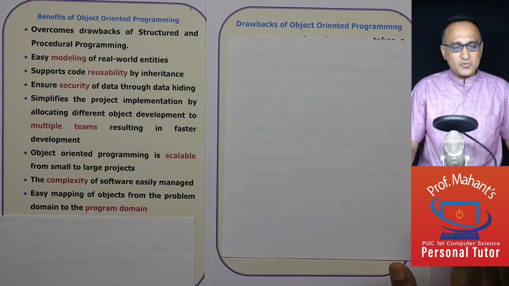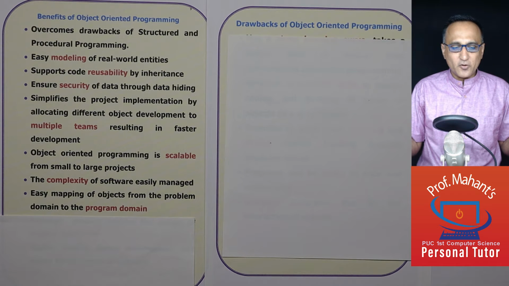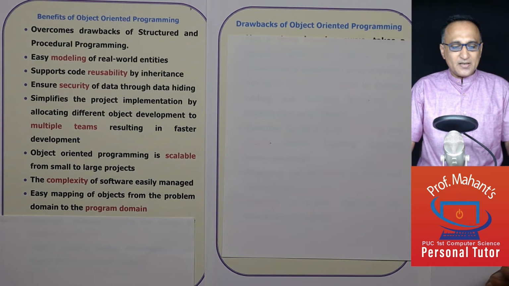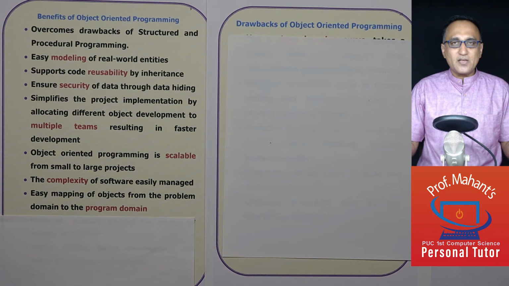The advantage of object oriented programming is it can be applied from very simple small programs to huge projects which involve millions of lines of code. Software complexity can be managed easily because the object hides the implementation details and only exposes the behavior or functionality.